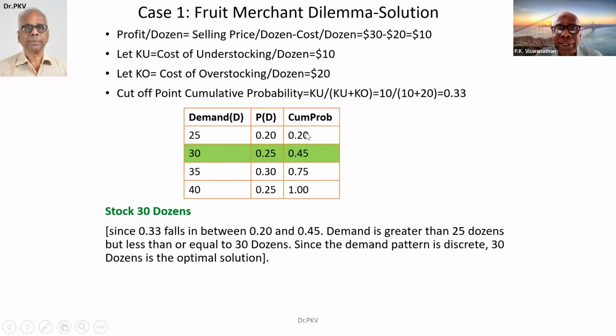Therefore, the demand is greater than 25, less than or equal to 30. This is the range in which 0.33 falls. Because the pattern is discrete, there is no in-between number. 30 dozen is the optimal solution or the best stock level, and the fruit merchant must stock 30 dozens.